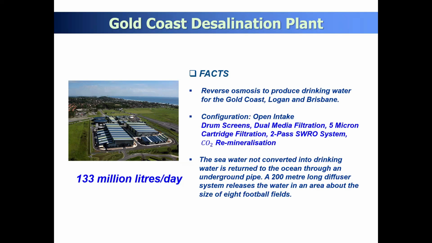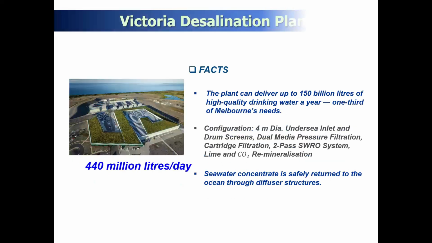After they produce the water, the brine is returned to the ocean, and they have a diffuser to release it back. So this is like a dilution of the brine after we produce the water. So Gold Coast produced 130 million liters per day.